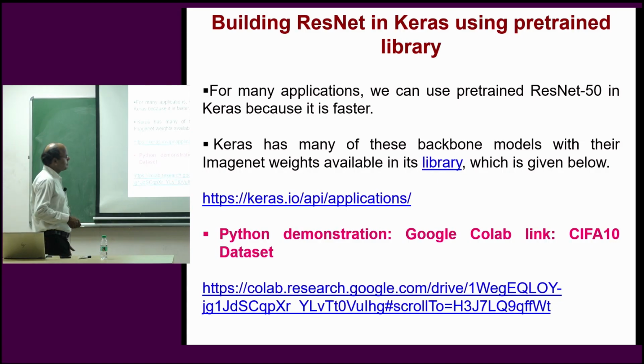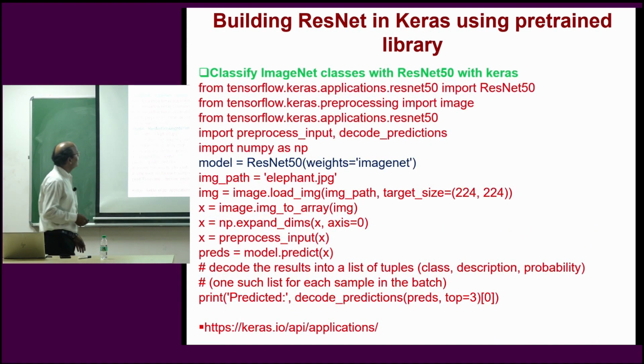And again this is my link. This is a complete classification on ImageNet classes with the ResNet50 model. So here we are importing everything: from tensorflow.keras.applications.resnet import ResNet50, then from tensorflow.keras.preprocessing import image, then from tensorflow.keras.applications.resnet import preprocess_input, decode_predictions, and then import numpy.